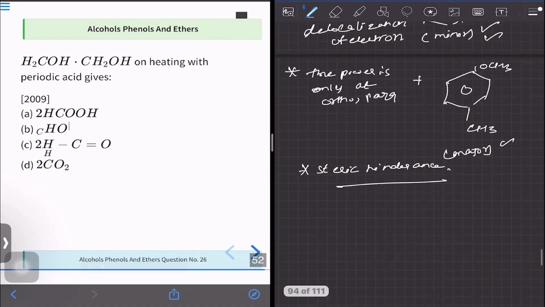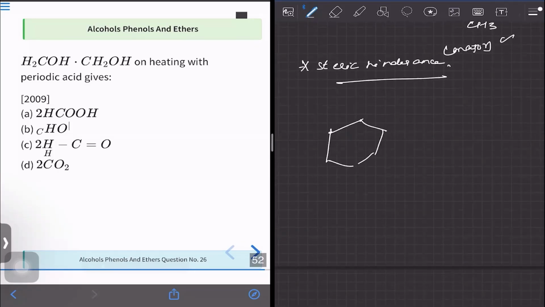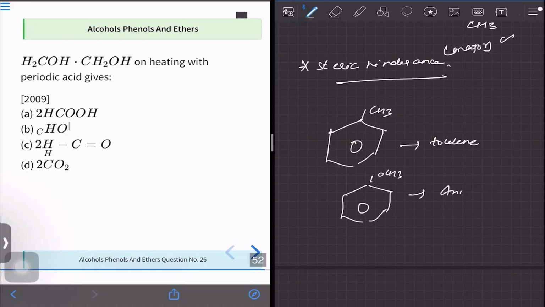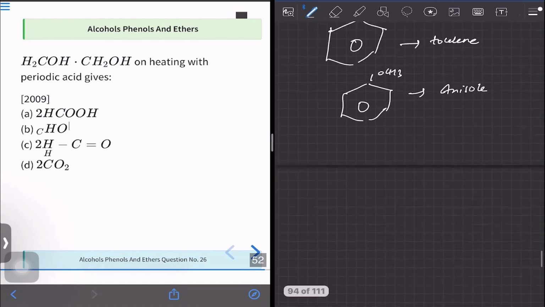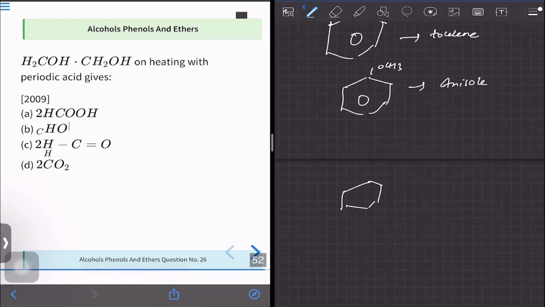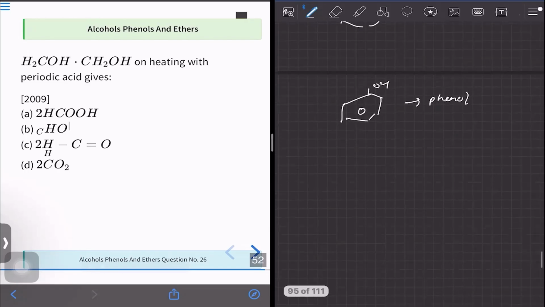Whenever a CH3 group is on benzene, it is known as toluene. Whenever a methoxy group is on benzene, it is known as anisole. Whenever a hydroxyl group is on benzene, it is known as phenol.